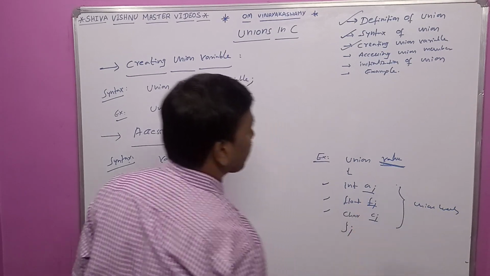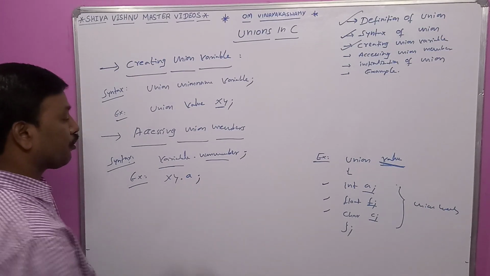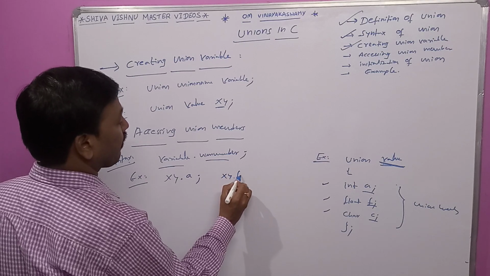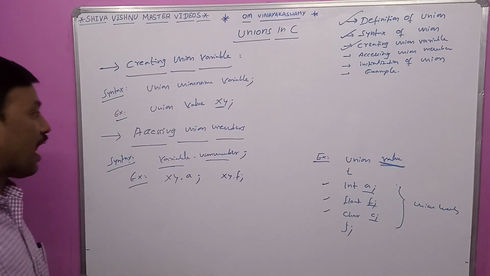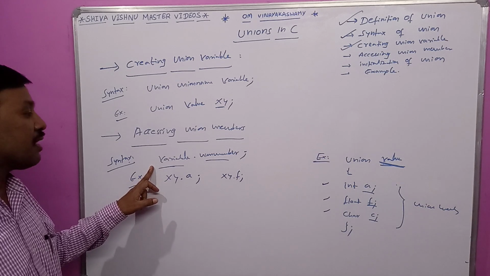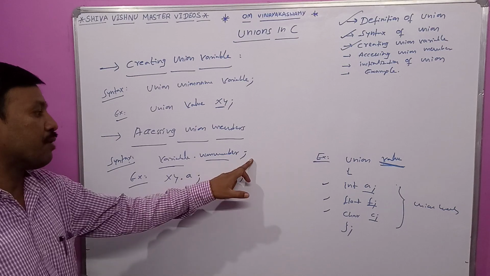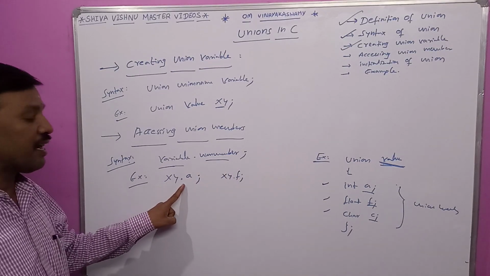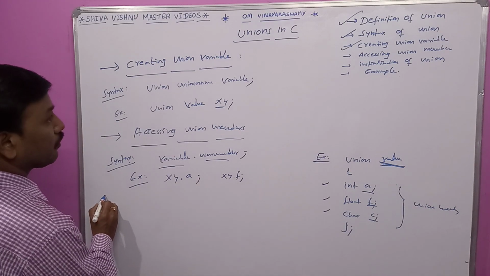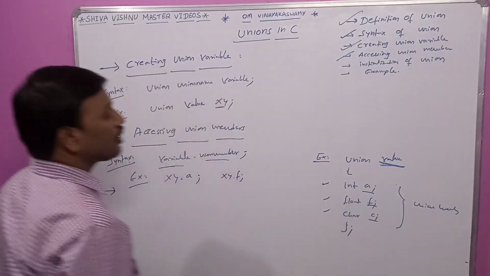You can write xy dot a, or another one, xy dot f. If you want to access union members, you follow this syntax: variable dot union member semicolon. For example, xy dot a semicolon.